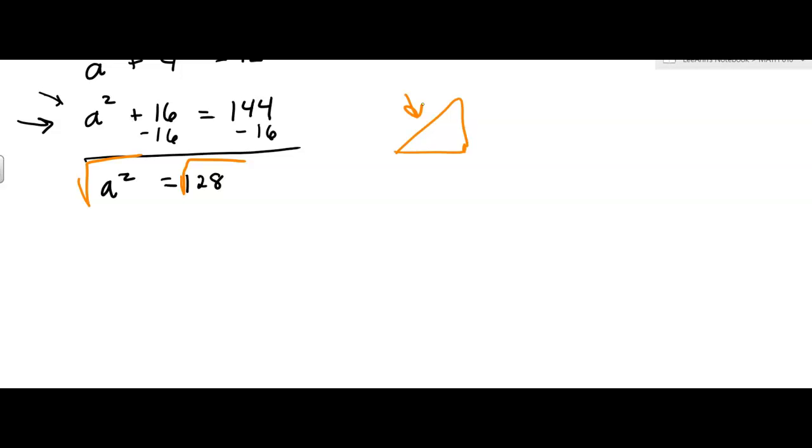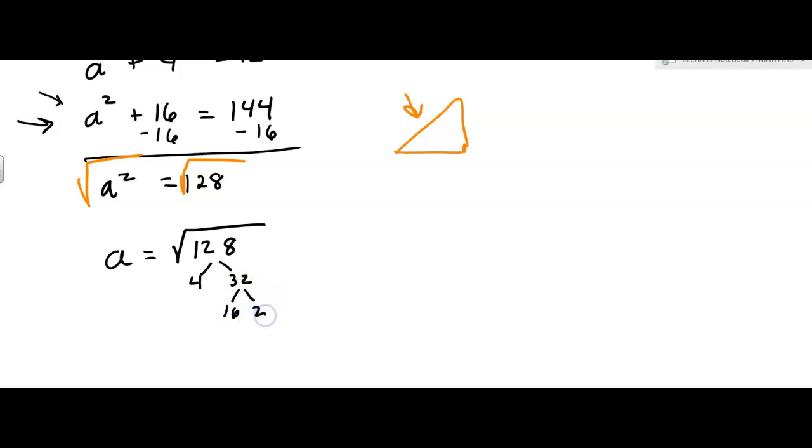Okay. So I'm going to get A equals the square root of 128. Now I want to simplify that. I know 4 goes in. I think 16 goes in actually, but let's do 4. 4 goes into 128 32 times, so 4 times 32. And 16 goes into 32.